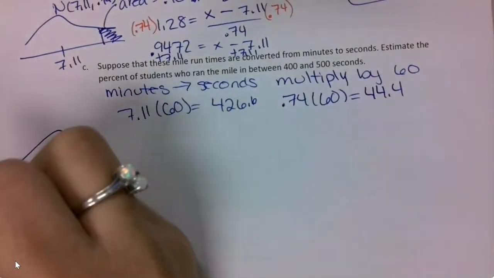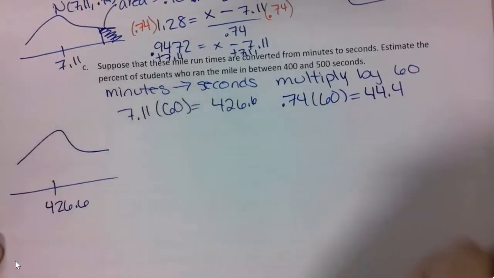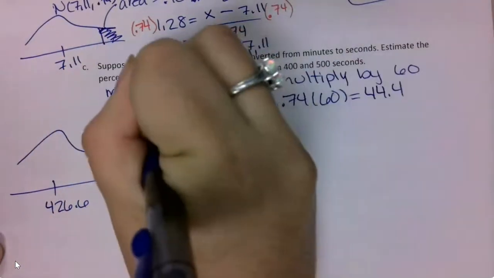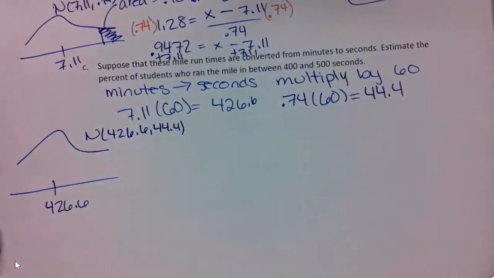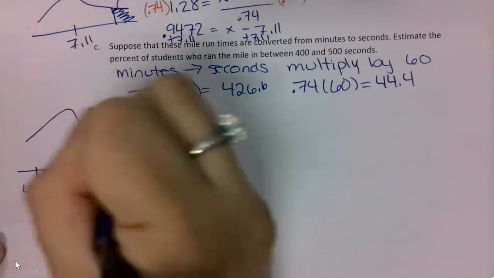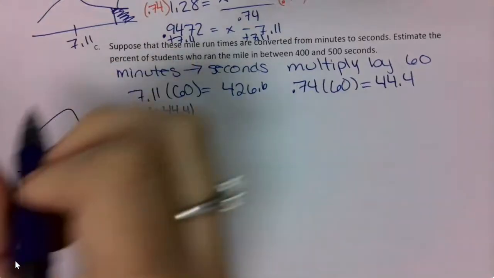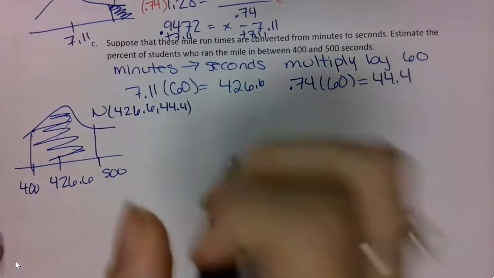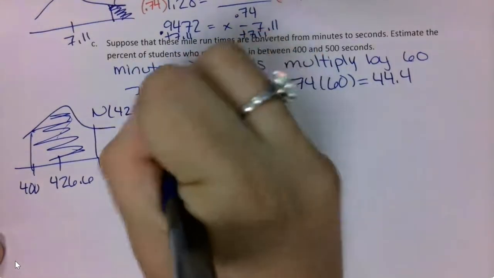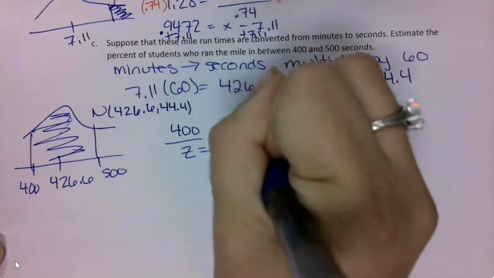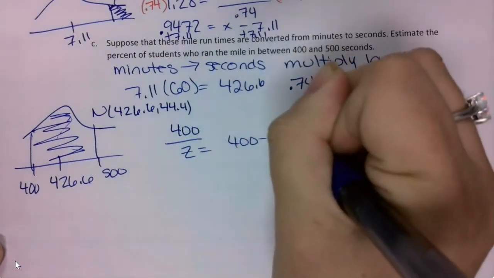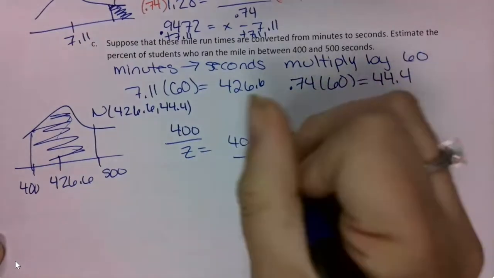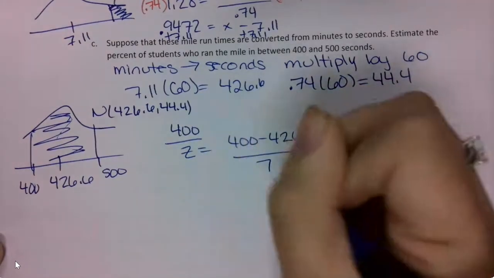And then I want to go ahead and draw out my picture again. So this time, my mean is 426.6. If I label it, it's going to be 426.6, comma 44.4. And then I want between 400 and 500. So I want to shade in between. And then I'm going to find the z-score for both of these amounts and then subtract. So I'm going to start with the 400. So I'm going to do 400 minus 426.6 divided by my standard deviation of 44.4.